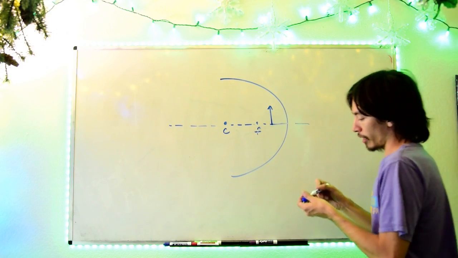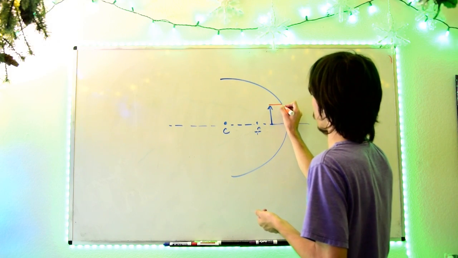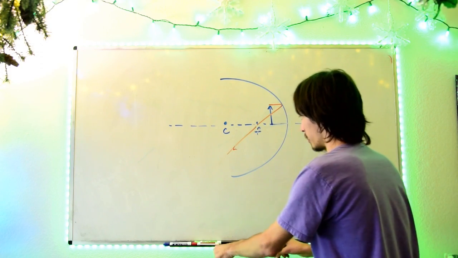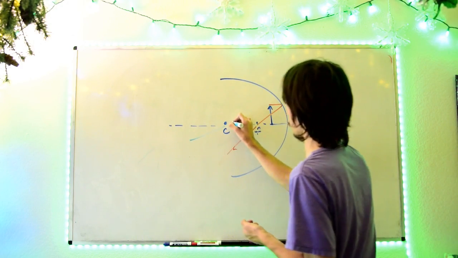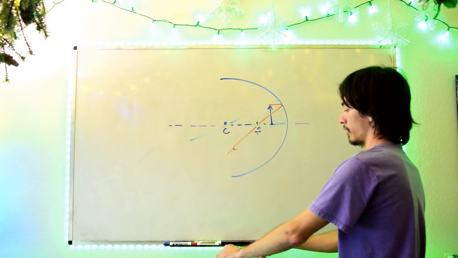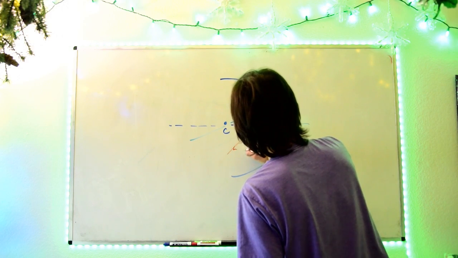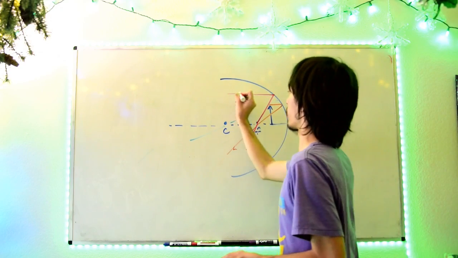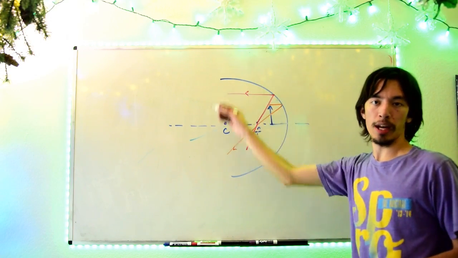So if you do a ray trace here, for instance, the parallel ray goes out through the focal point, and you do, let's say, the center ray. This one has to go through the center first, through the top of the object, and you have, let's say, the focal ray, which has to go through the focal point first, then through the top of the object, and then out parallel. If you do this, all three rays don't cross in this space.